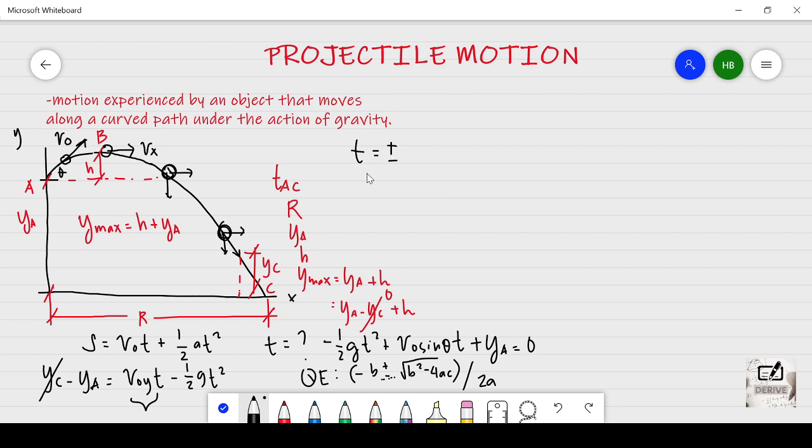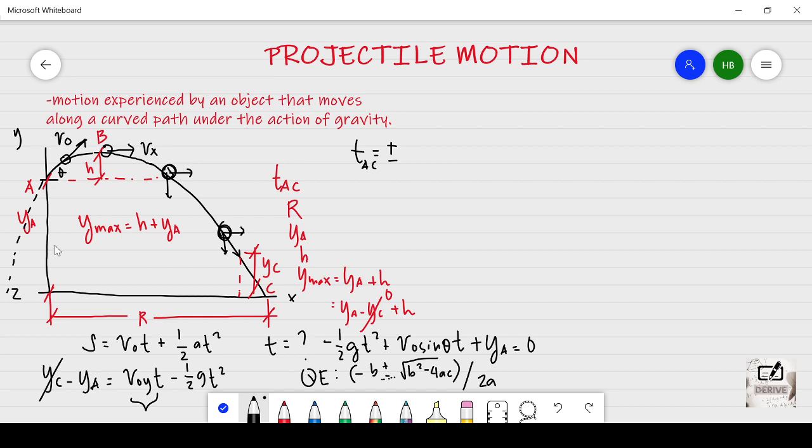Your plus answer will be your true time from point A to C. And how about the negative answer? That will explain the imaginary line here. Whatever time you get, that is what should be there if your curve were complete. It is the time from a point, say point Z, to point A, which is your negative time.